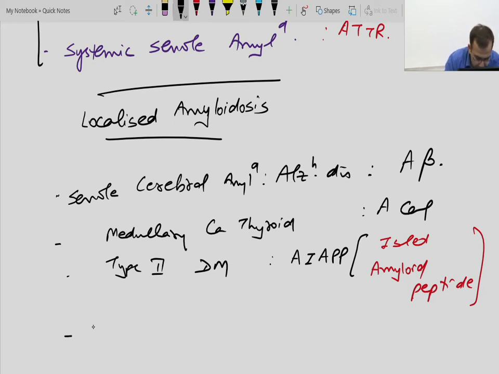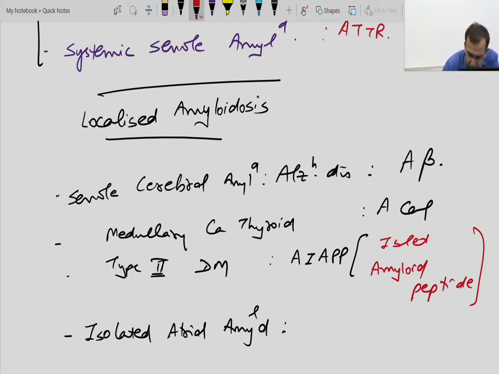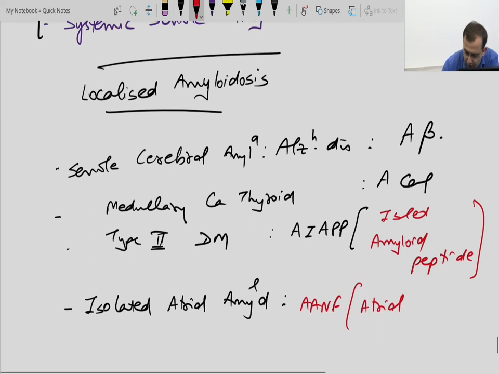And the last is isolated atrial amyloidosis, which in turn is associated with ANF, that is atrial natriuretic factor.